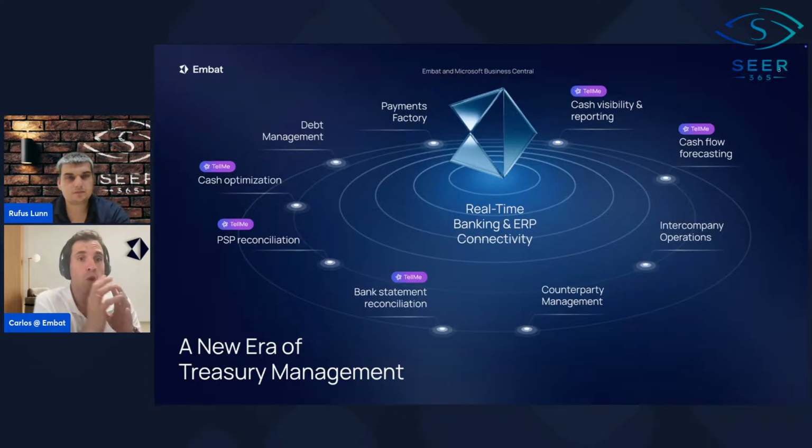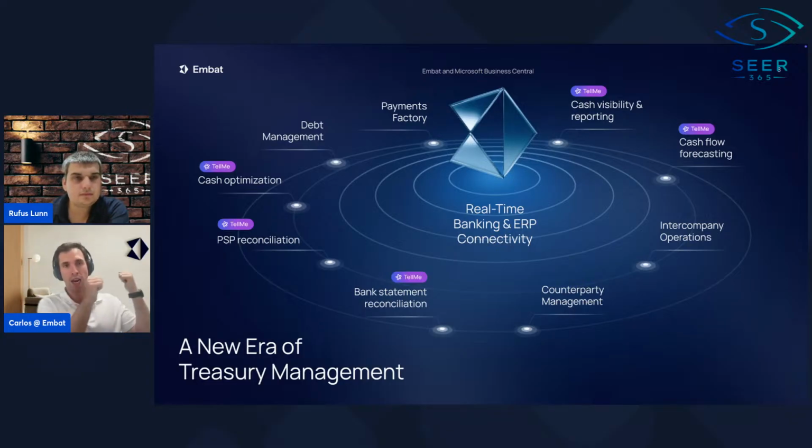We then move into the forecasting bit. That's where the integration with Microsoft is so critical. We gather information from Microsoft, we make Tell Me work for you and analyze your historical information. And with that, we allow you to build very accurate cash flow forecasting for the next days, weeks, or months.